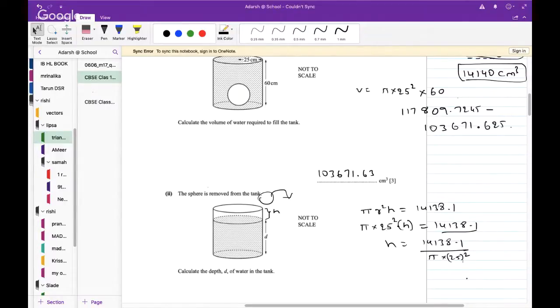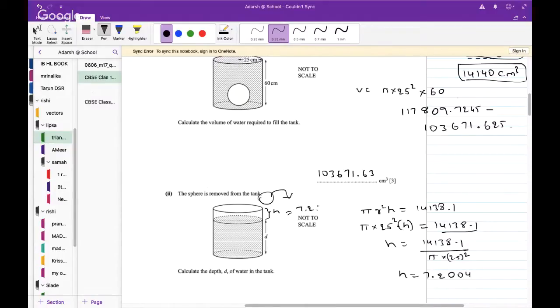The answer you get is height equal to 7.2004. So this height is 7.2.